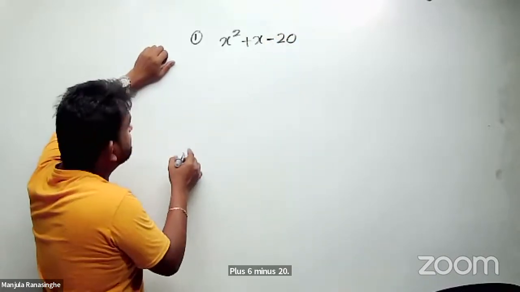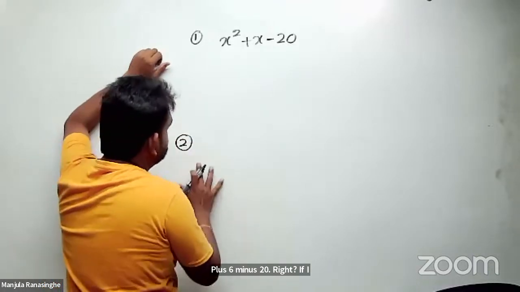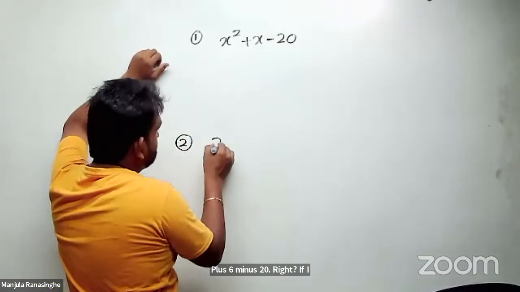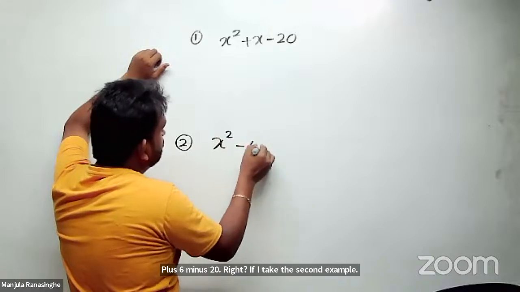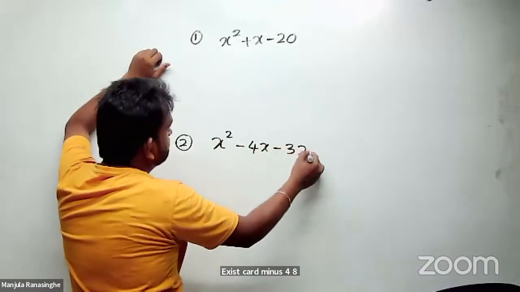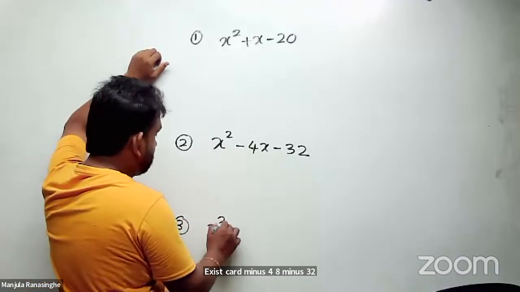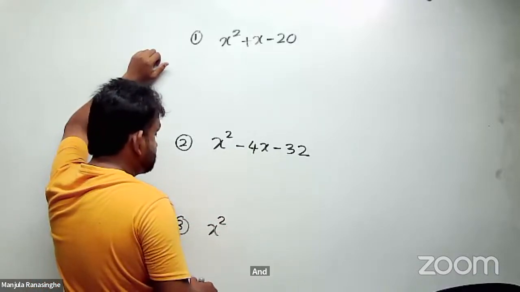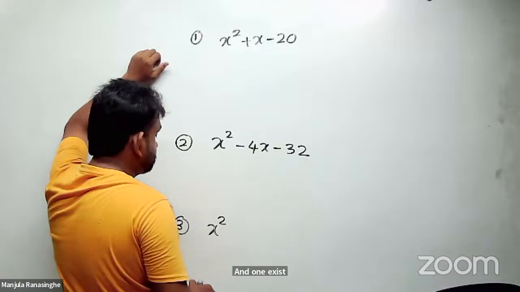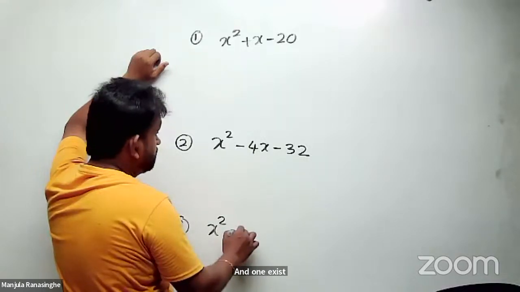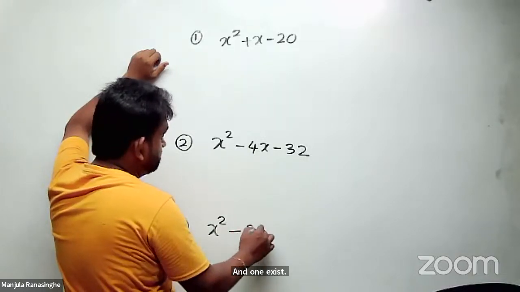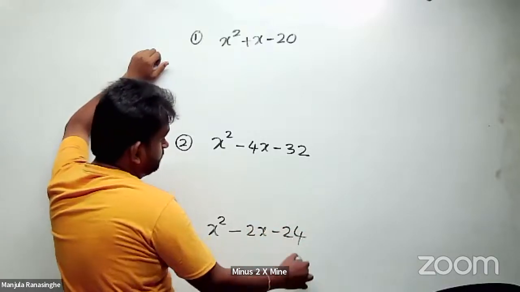Then I take the second example, x squared minus 4x minus 32. And one, x squared minus 2x minus 24.